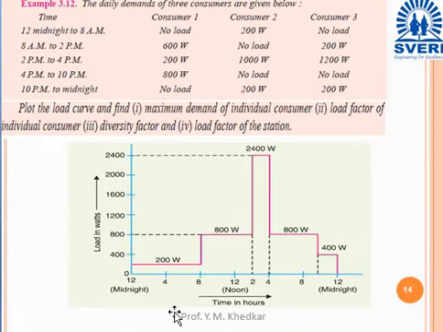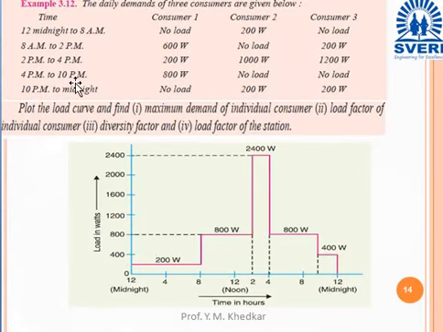So we will draw it with the help of the load curve. 0 to 8 means 12 midnight to 8 am, for 8 hours 200 watt will be the load. Then from 8 to 2 pm, for 6 hours, 600 plus 200, 800 watt is consumed. Then for 2 pm to 4 pm, for the slot of 2 hours, 2400 watt will be consumed, and it is the addition of 200 watt, 1000 watt as well as 1200 watt.